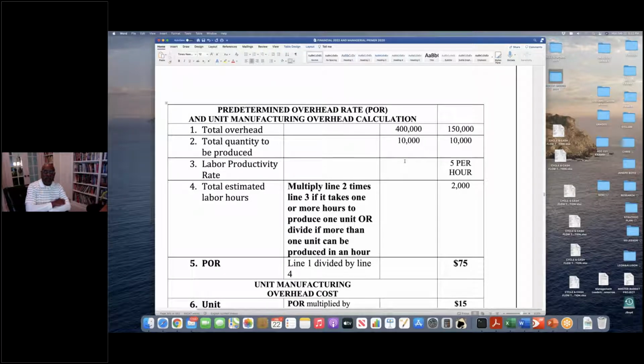It takes 2 hours per book. So what's the total estimated hours? 5,000. No, 20,000. Sorry. It's going to take 20,000.